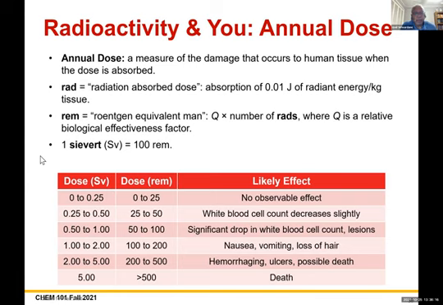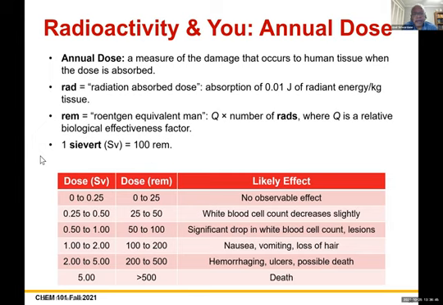For 25 to 50, I stick to REM now. Sievert is REM divided by 100. So sievert divided by 100 is REM. Sievert is 100 multiplied by REM.